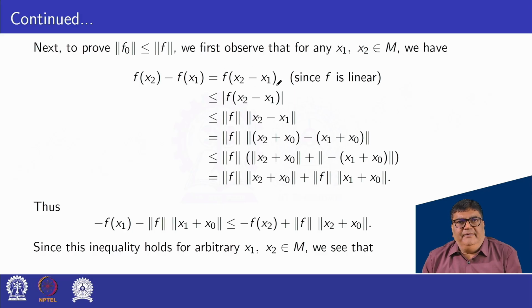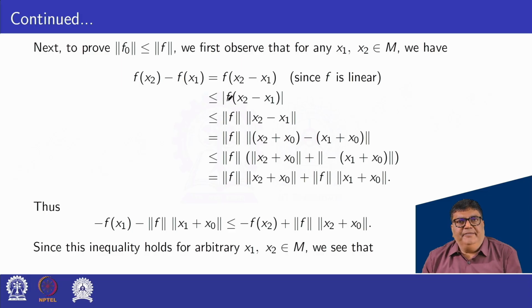So here f(x2 minus x1). So this is less or equal to mod f(x2 minus x1). Okay, here mod value, so this is only positive. So we can write this one less or equal to mod f(x2 minus x1).